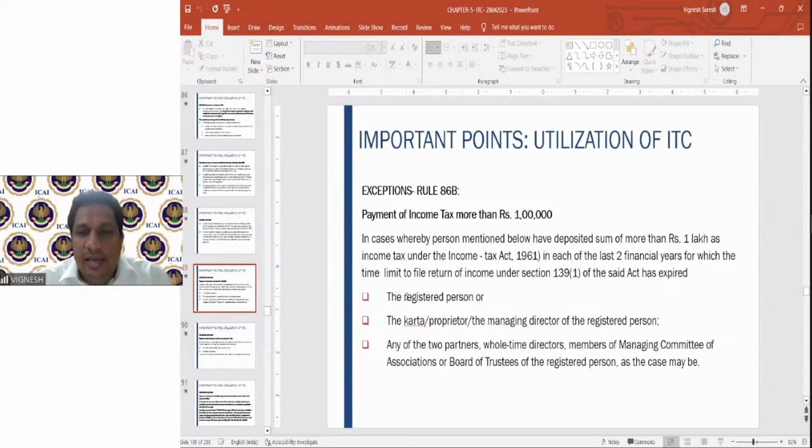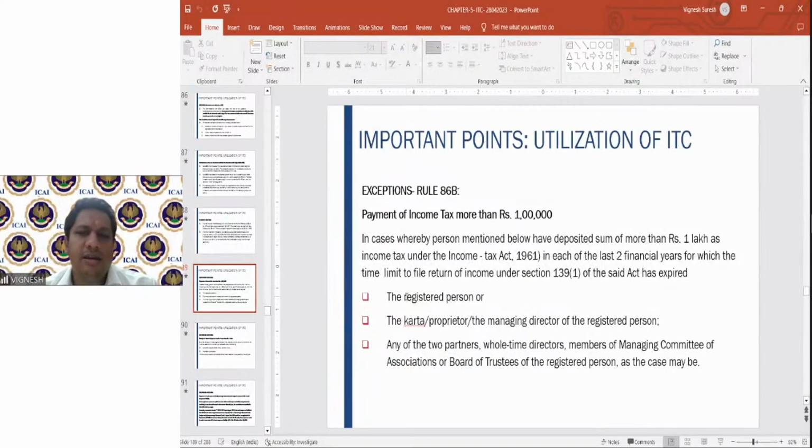One more thing, it says in each of the last 2 financial years. So there may be an impression, if we read this section, that a person doesn't file his return for the last 2 years, but pays 1 lakh now. Is this rule applicable or not? On the plain reading of the rule, it clearly implies that as long as he pays the income tax, this 86B will not apply.